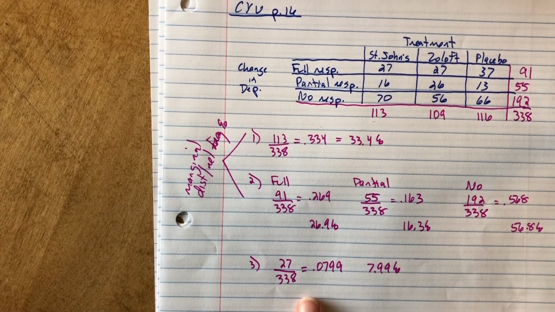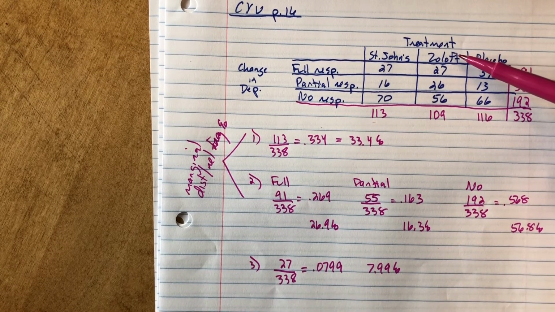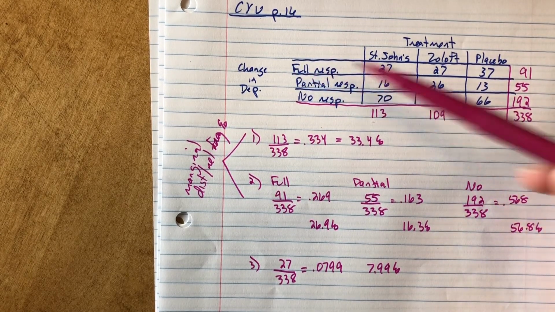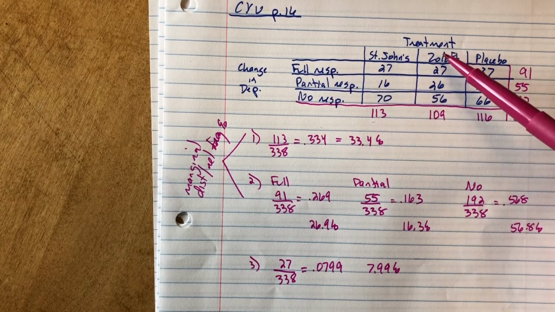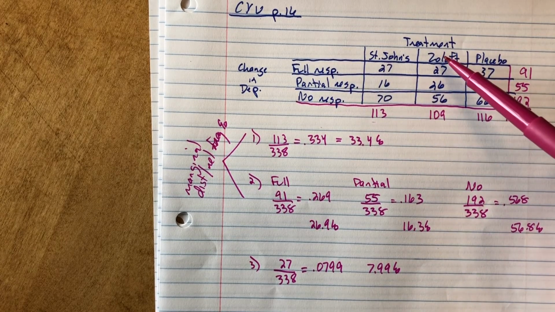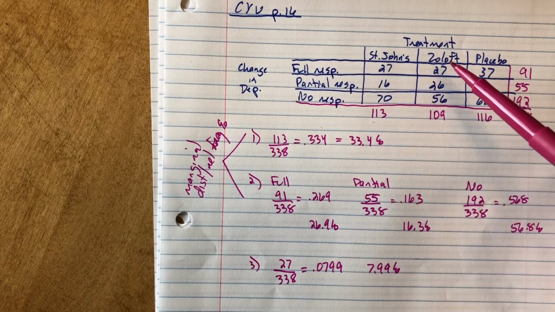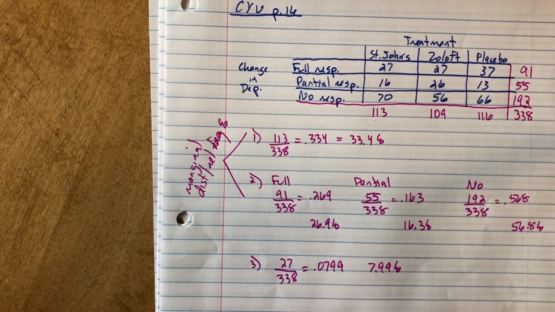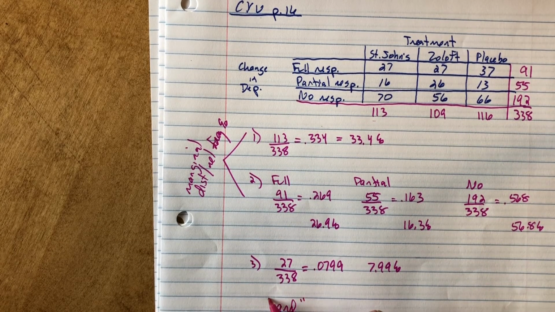Now this one down here, number 3, it asked for the percent of subjects who took Zoloft and showed a full response. So I actually mentioned both variables, okay? I mentioned a specific treatment and a specific change in depression. So when you mention both variables and you have an and, okay? And is the key word there.